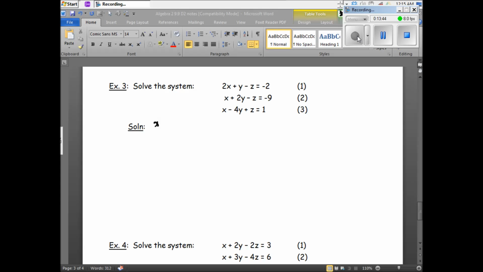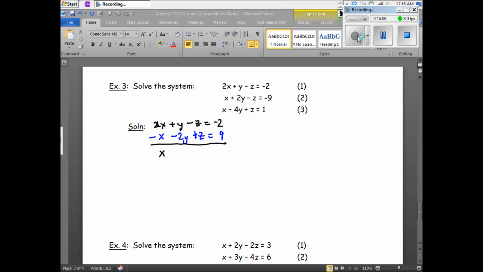Let's go ahead and add those. Actually, we'll multiply them. So this is my first equation. I'm going to go ahead and multiply my second equation by negative 1 right off the bat. It's negative x minus 2y plus z equals 9. So hopefully you can see why I would do that. I'm trying to eliminate my z again.